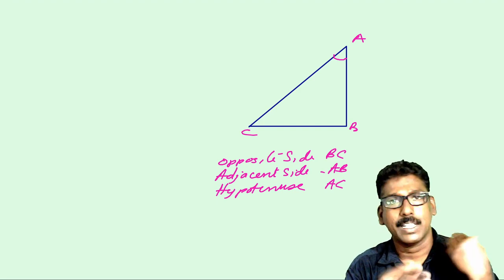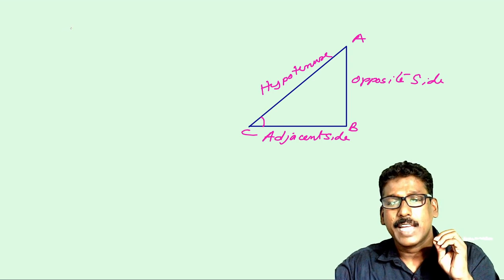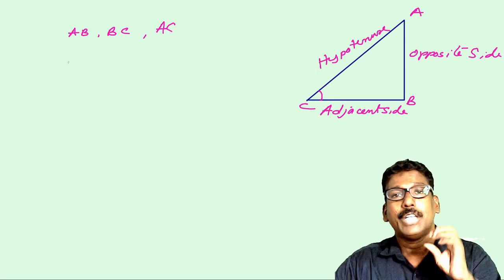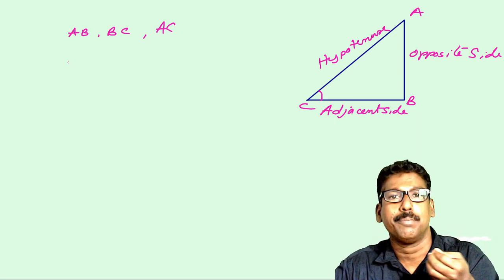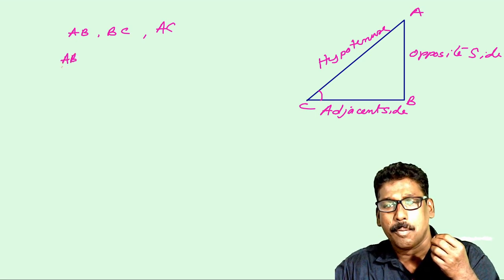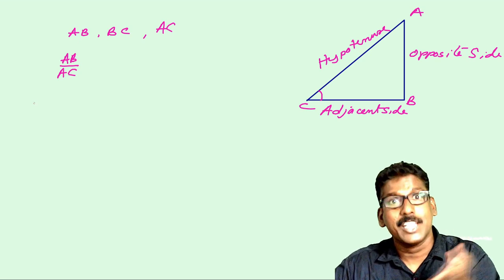Now, let me consider the last example. Here, what are the sides? The sides are AB, BC and AC. Now, by using these three sides, how many ratios can you form? Let me take one ratio, which is AB by AC. Can you write other ratios?